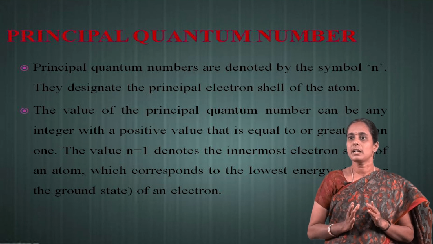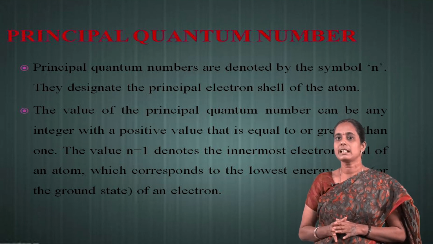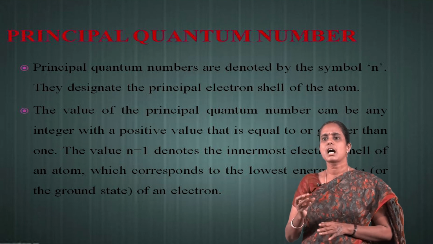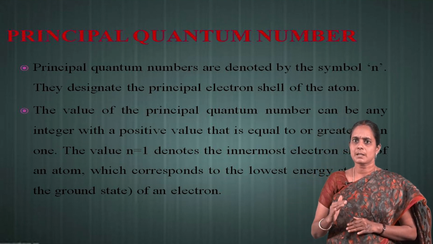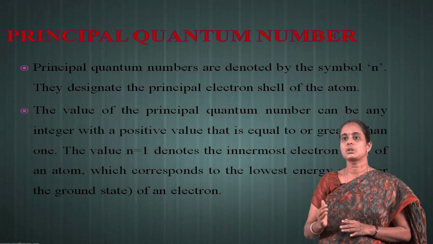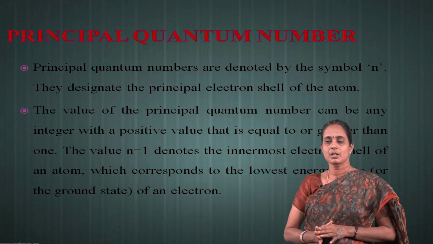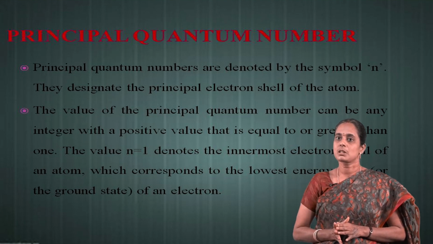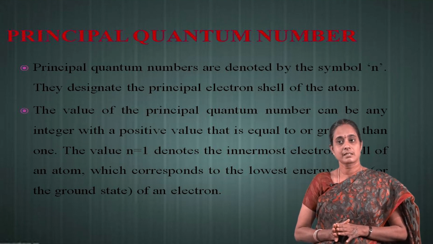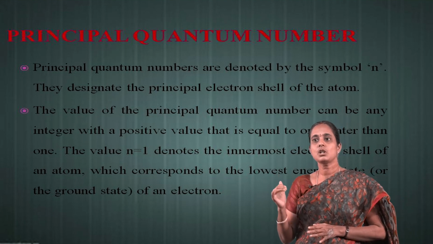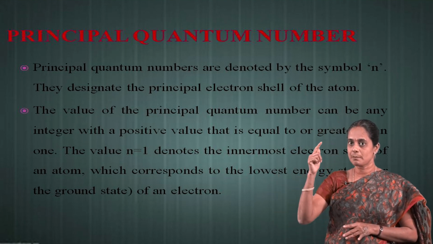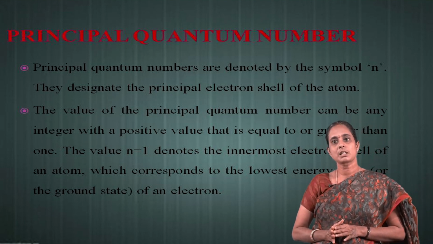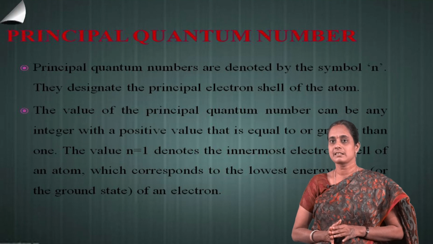When a given electron is given energy, that is the excited state, the electron jumps from one principal shell to a higher principal shell, causing an increase in the value of principal quantum number n. Similarly, when the electron loses energy, it jumps back into a lower shell and the value of n also decreases.